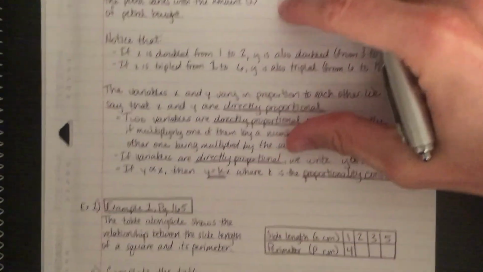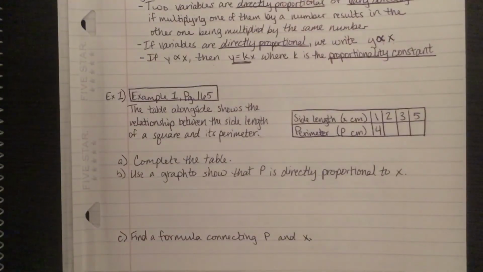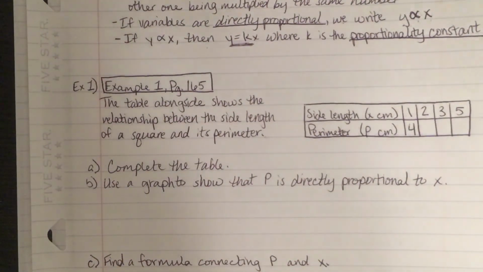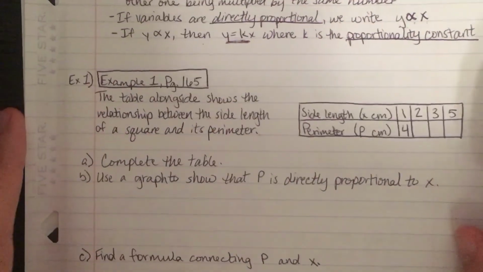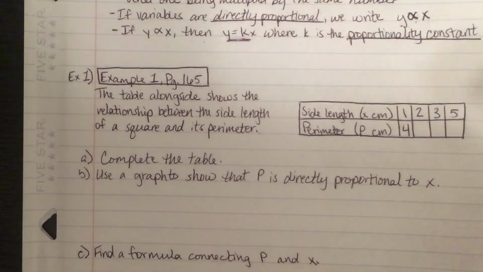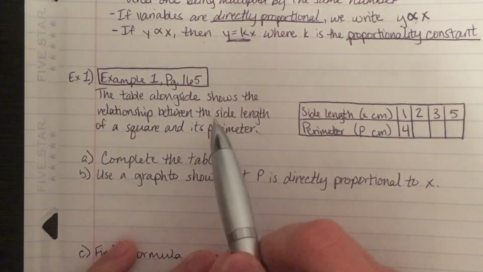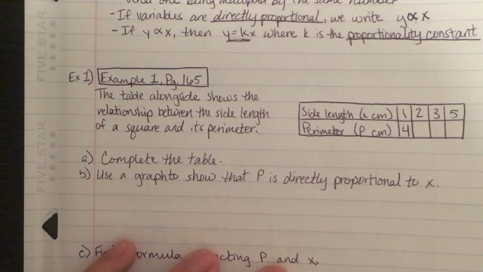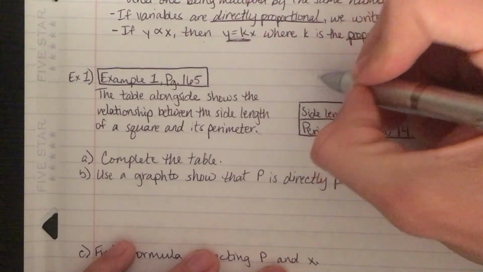The first example that we're going to look at is example 1 on page 165. If you want to look there as well, you are welcome to. Basically we have a table right here that shows the relationship between the side length of a square and its perimeter.